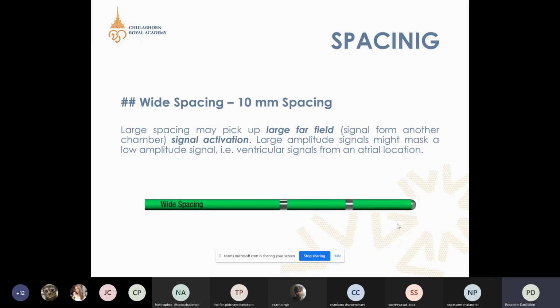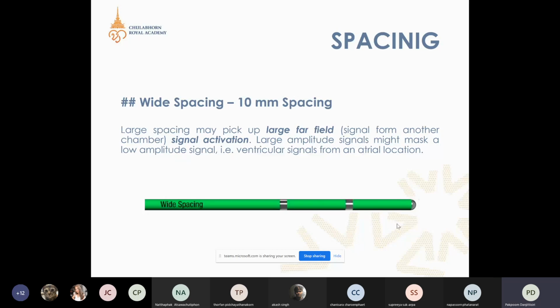The wide spacing, or 10 millimeter spacing, we often use with the RV, right ventricular apex catheter, because the doctor doesn't want to see clear detail.